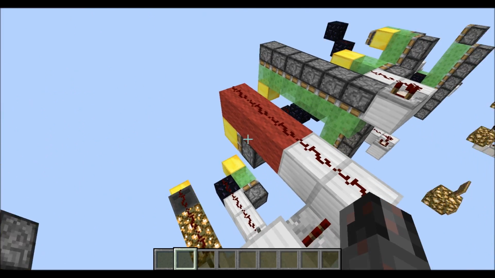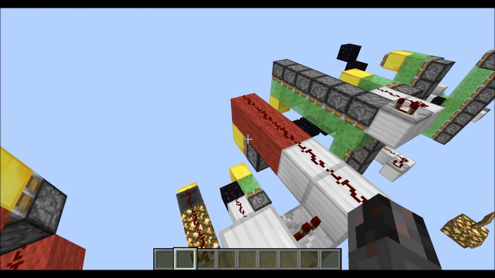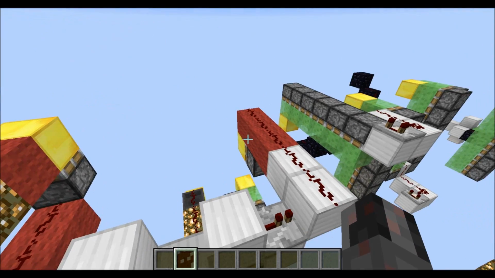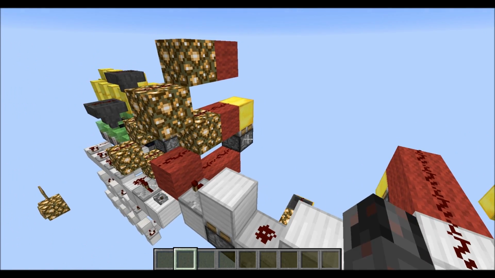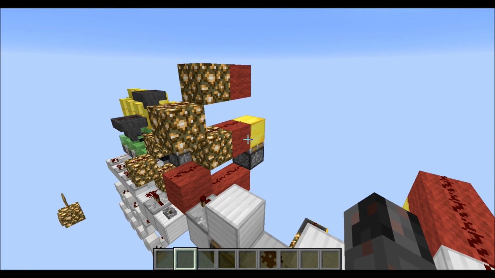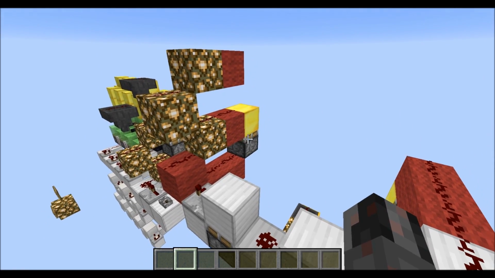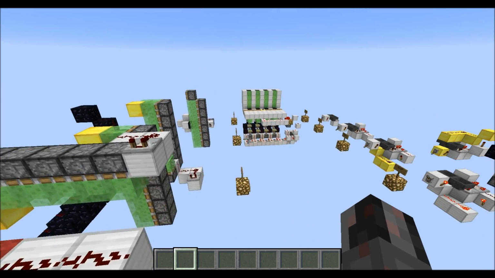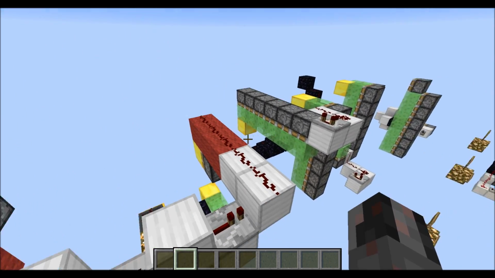But this is a very position dependent bug and it does not appear in all positions, but the chance that they appear rises extremely with the size of your contraption.